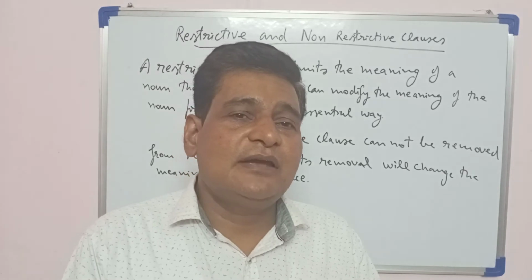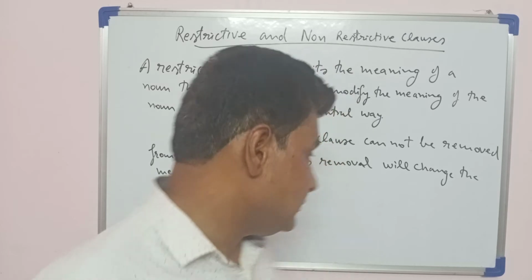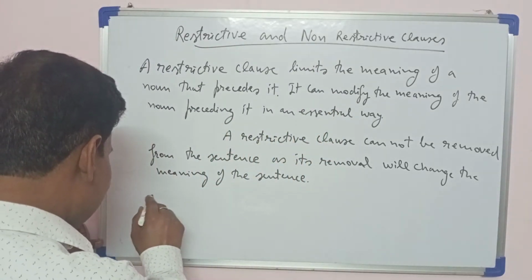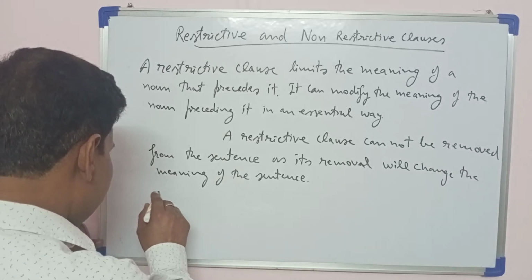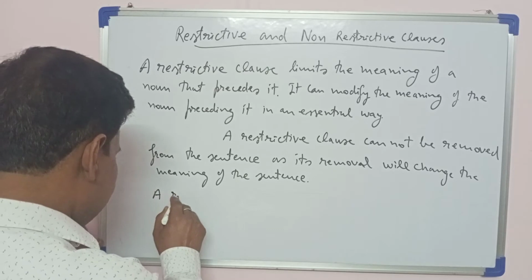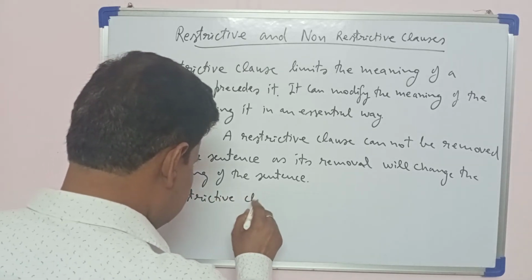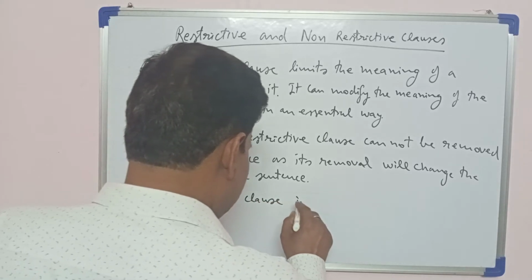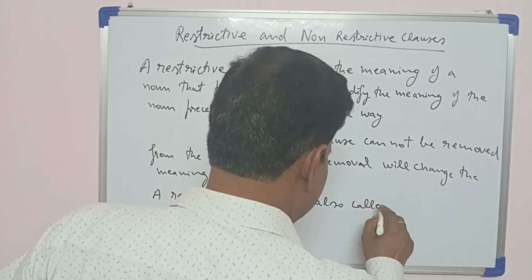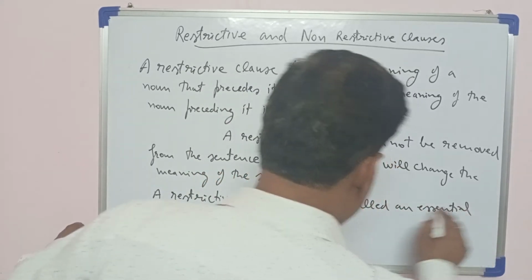And as they describe the noun that precedes it, they are also called adjective clauses. Okay, so currently we are talking about the restrictive clause. A restrictive clause is also called an essential clause.